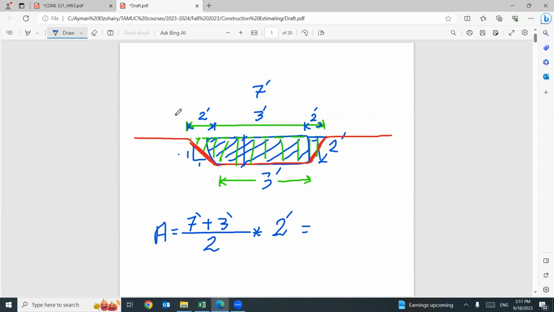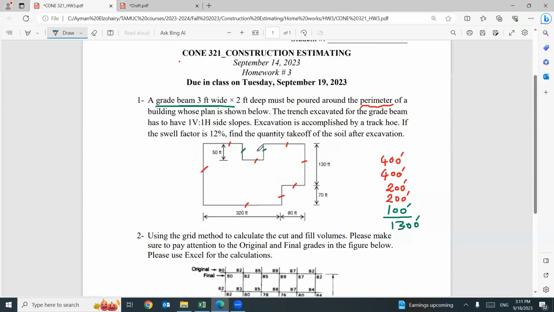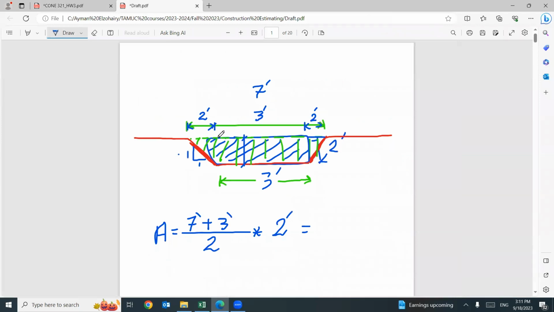This cross-section will go through this perimeter. If you do a section here, the cross-section of excavation looks like this one. So if you would like to figure out the volume, we need to multiply the area of your cross-section of excavation times the perimeter of the building. So 7 plus 3 divided by 2 times 2 equals 10 square feet.